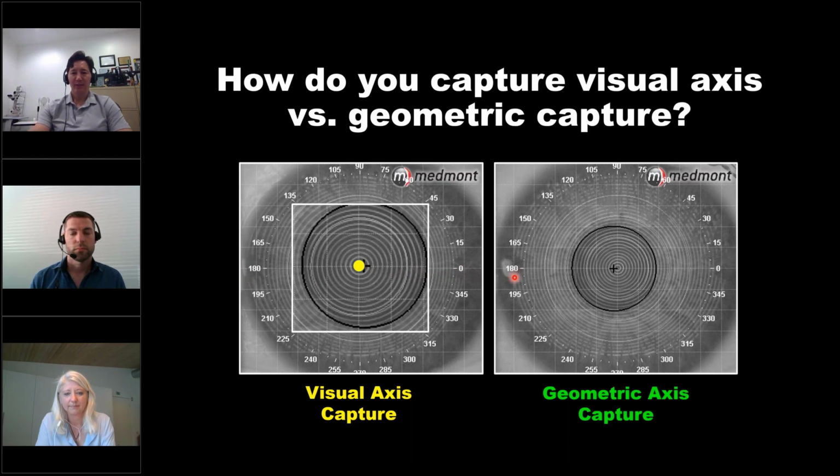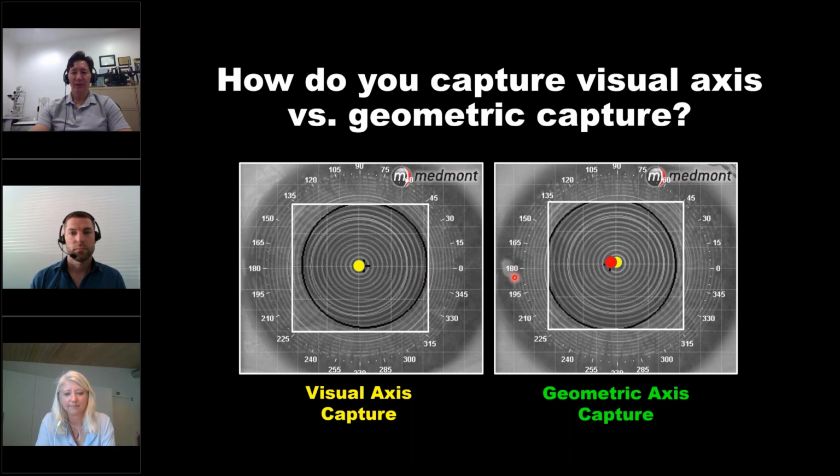So as Meta said, you want to move the fixation 1, 2, maybe a few rings more toward the nasal side. So the patient is looking into the nose to move the placido out. And that's the major difference between the visual axis capture and geometric. So visual axis, right down the center, right at that central ring. Geometric, we're looking slightly in to push the placido reflection so it's geometrically centered to the eye.